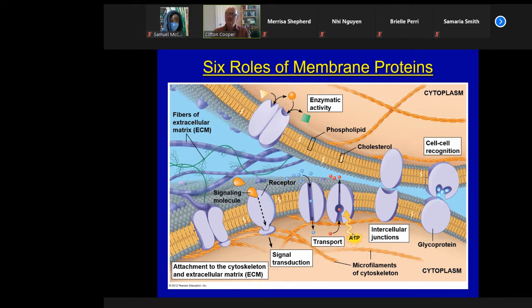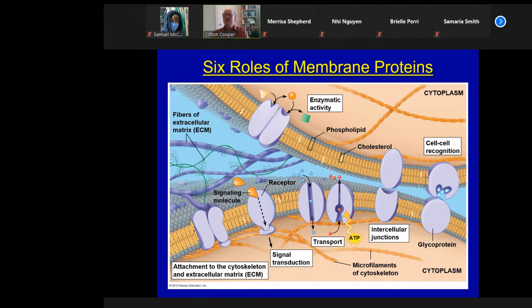You also have other transporters that use energy. ATP is a source of energy in cells, and they operate like pumps. Mostly today, we will be looking at these transport proteins, but there's other jobs too. We have proteins that will bind cells together. We have certain junctions, like the tight junctions between cells that prevent leakage between them.